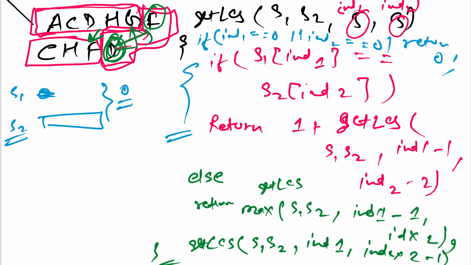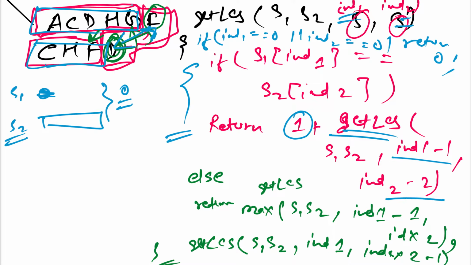Whenever we see that both the index characters are equal, we will consider it as one subsequence of length 1, and then we will add 1 and return the longest common subsequence of the previous characters, get LCS index 1 minus 1, index 2 minus 1. And if both are not equal, our choices remain: this character can match with the previous character of the other string, or this character can match with the previous character of this string.